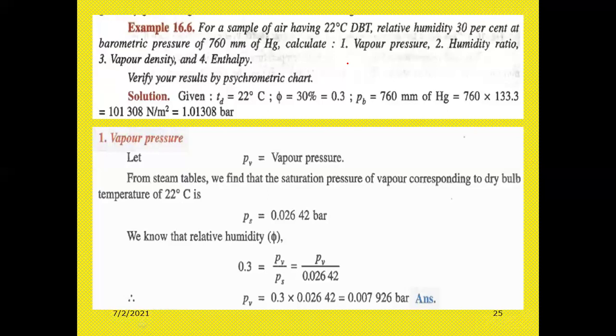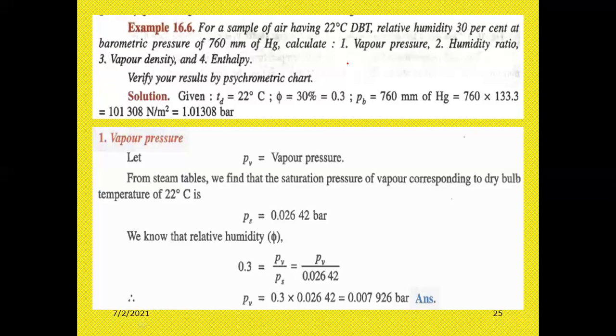Okay. Now, let PV be the vapor pressure. From the steam tables, the saturation pressure of vapor corresponding to the dry bulb temperature of 22 degrees is PS is equal to 0.02642 bar, right?